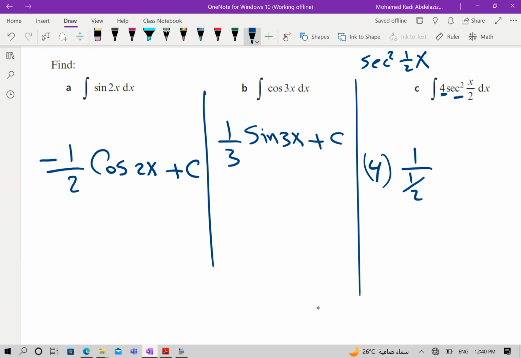Integrate sec squared is tan x over 2, then plus C. You can simplify: it will be 8 tan x over 2 plus C. Clear?